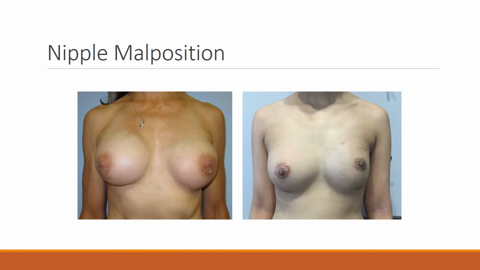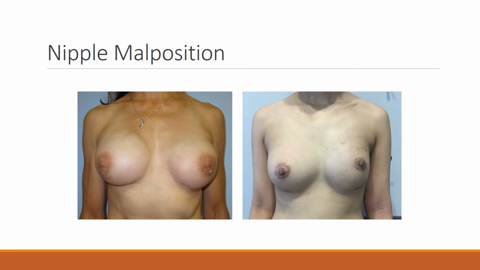After nipple-sparing mastectomy and implant-based reconstruction, you can have something called nipple malposition, where the nipple migrates to a different portion of the breast. On the patient on the left, you can see both nipple areolar complexes, although they're symmetric, have migrated laterally. On the patient on the right, you have a very nice bilateral implant-based reconstruction.